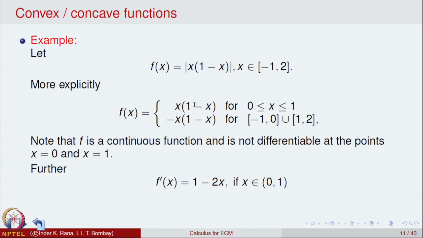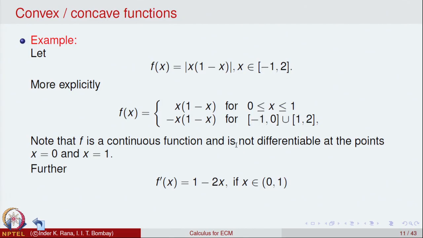Similarly, if you are coming from the right side, then also the value is 0. So, it is continuous at the point 0 and similarly one can verify that it is continuous at the point 1 also. So, this is a function which is continuous everywhere between minus 1 and 2.